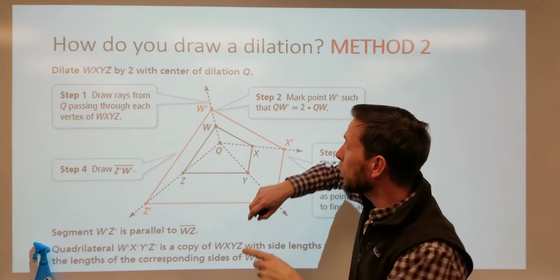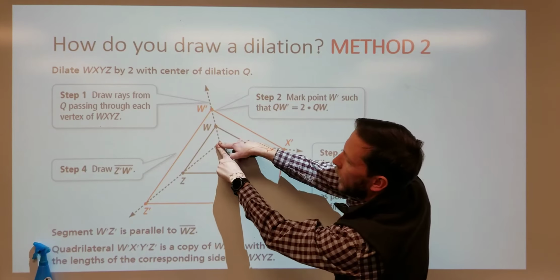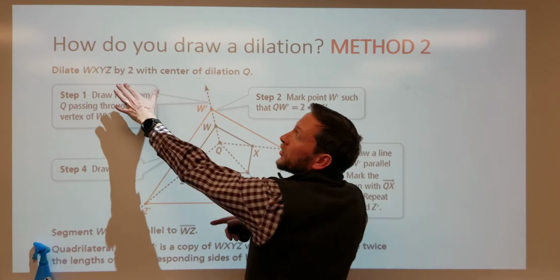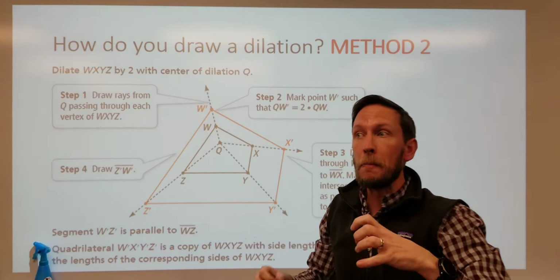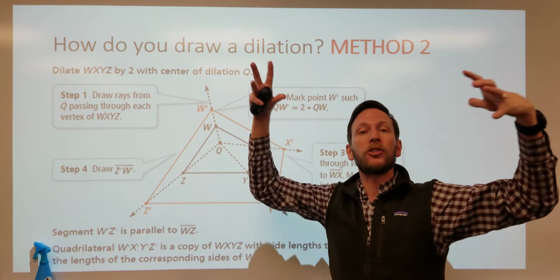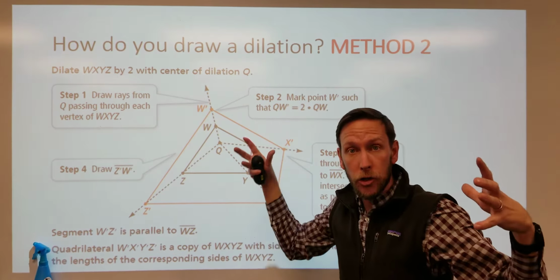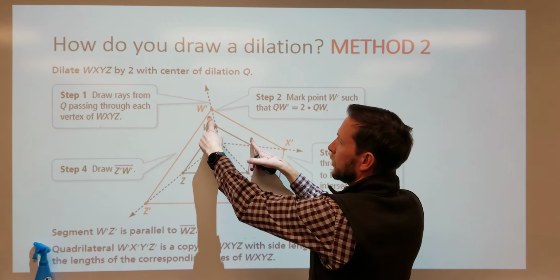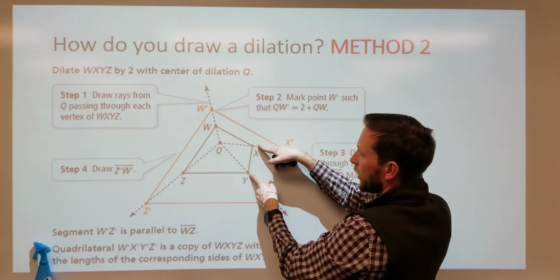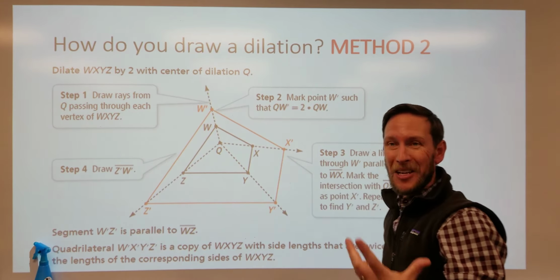We're still going to draw those rays through point W, through point X, through point Y, and through point Z. We are dilating this by a factor of 2, meaning that our new picture is going to be bigger than, it's going to be outside of the original, all right? And it's going to be larger than, each of the sides is going to be twice as long. This side is twice as long, all right, when we have the new image.